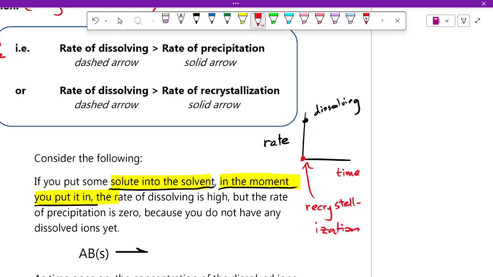And what's going to happen to those two rates as time goes on? They're going to come together in the middle. And that point right there is the point of saturation.